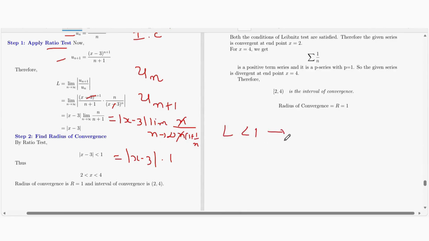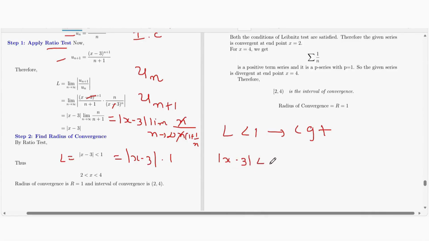So this one is my L. For the ratio test, L equal to mod x minus 3 is less than 1. This is the condition of convergence of a series. So we take mod x minus 3 less than 1.